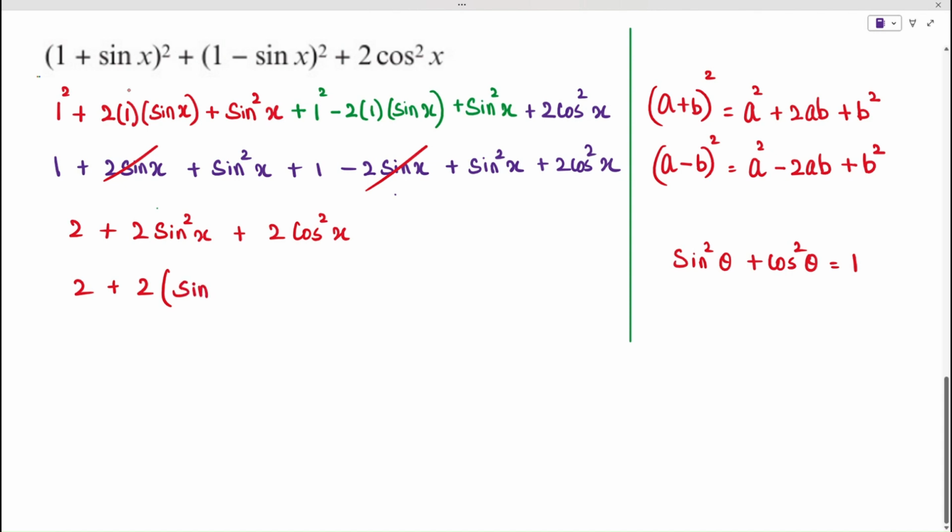We get sine squared x plus cos squared x, which we know is equal to 1. So we get 2 plus 2 times 1, and that's 2 plus 2, which is equal to 4. And this is the simplified version of our equation here.